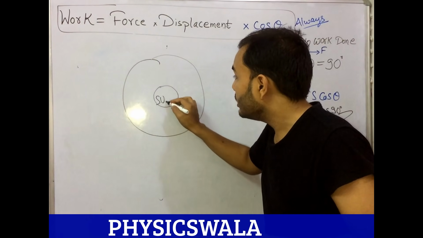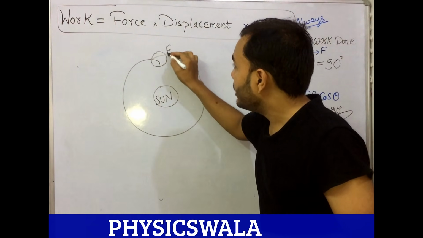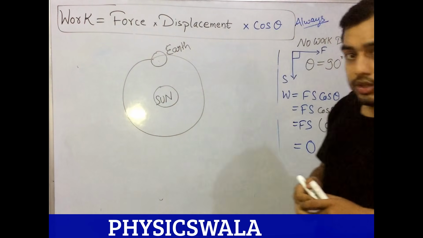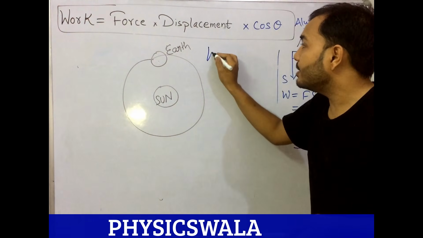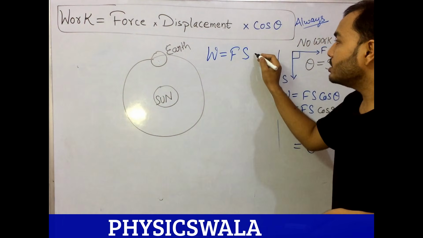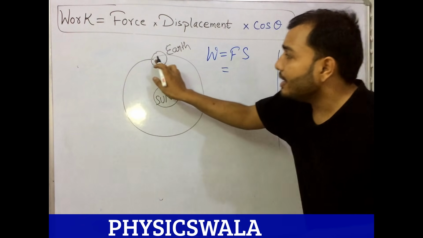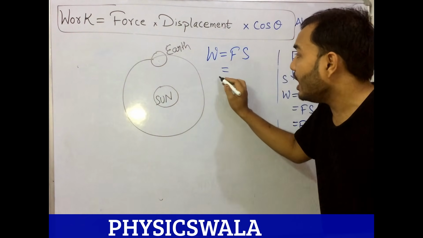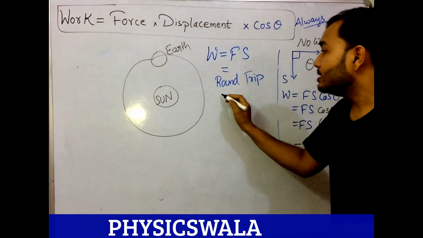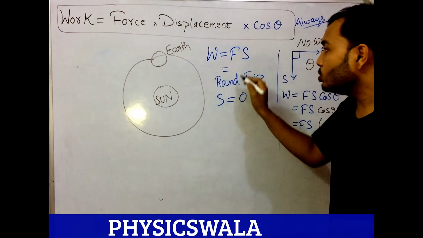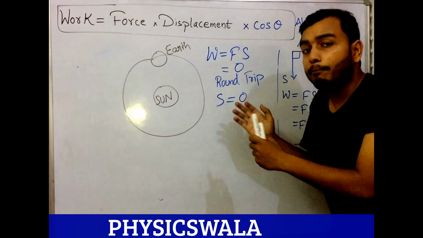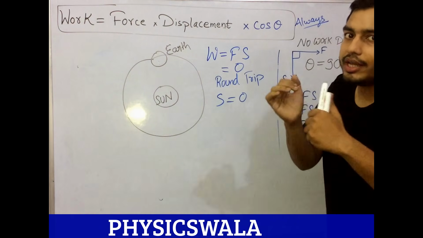Here was the Sun and here was the Earth, revolving around the Sun, and you said that work done is equal to force into displacement, and that in the round trip the displacement is 0, so work comes out to be 0. This is partially correct and partially wrong.